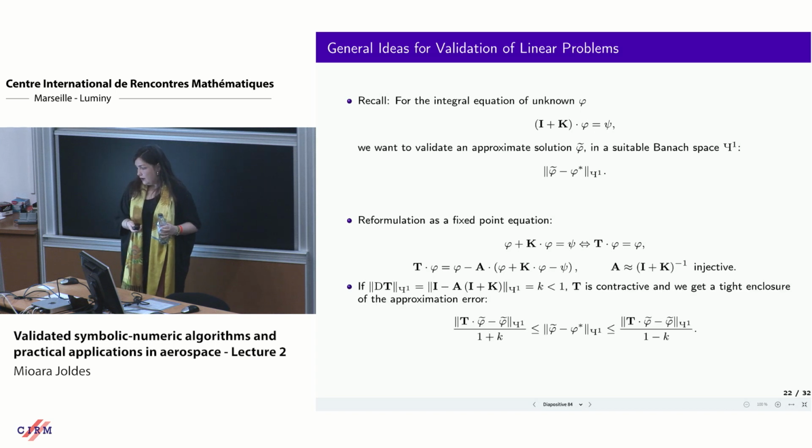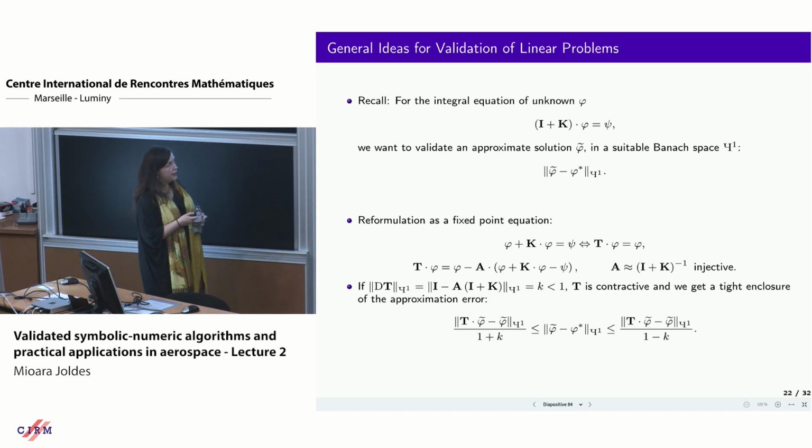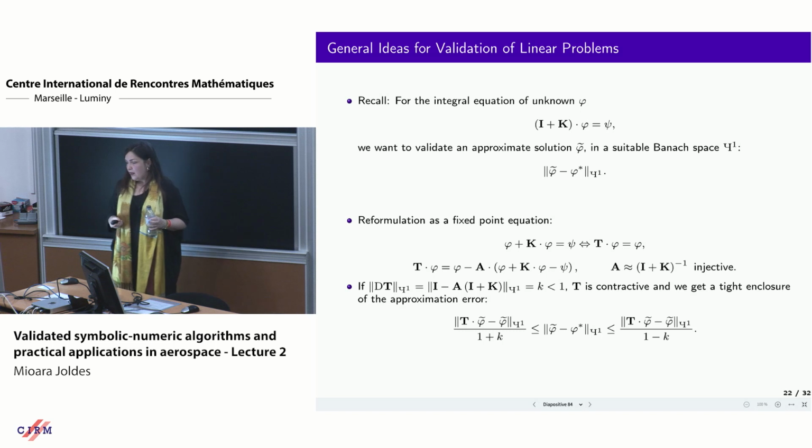So for that, of course, like in the finite dimensional case, I will have to bound the norm of this operator. In this case, it really has to be a norm on the infinite dimensional operator.